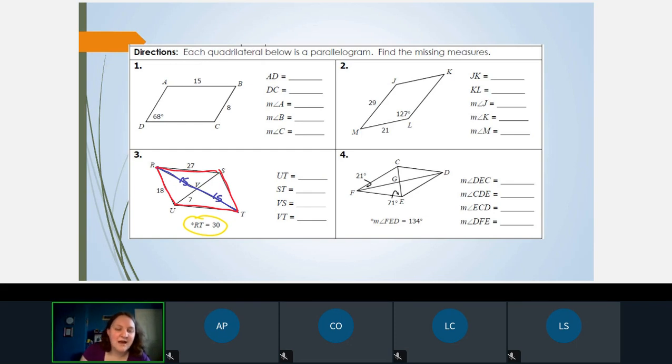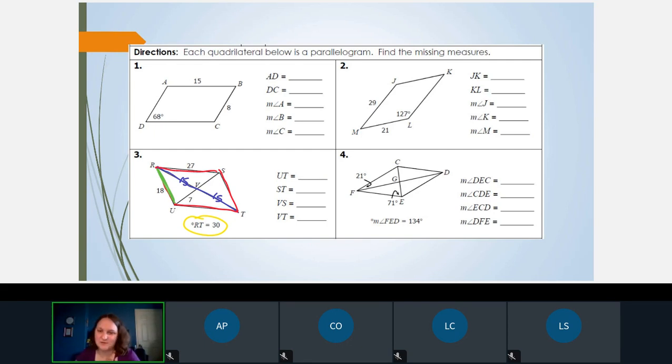It's also asking me questions about the sides. So let's look at opposite sides here. RU is here. So which other side would be 18? What other segment would be 18? Type it in the chat for me. Yes, very good. Anyone else?